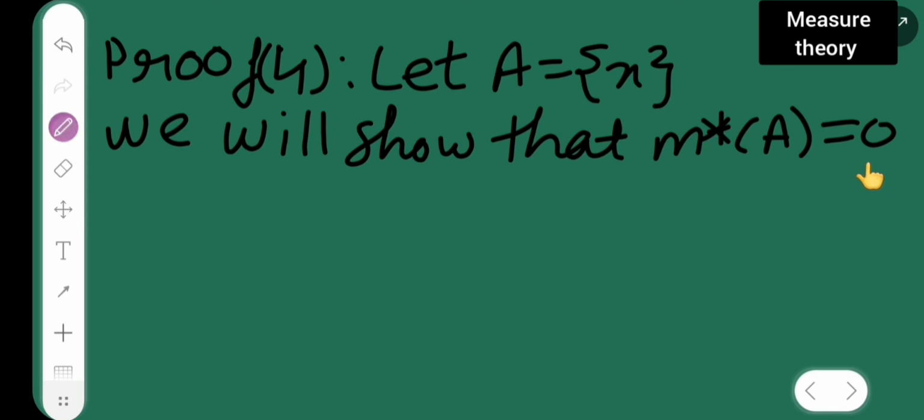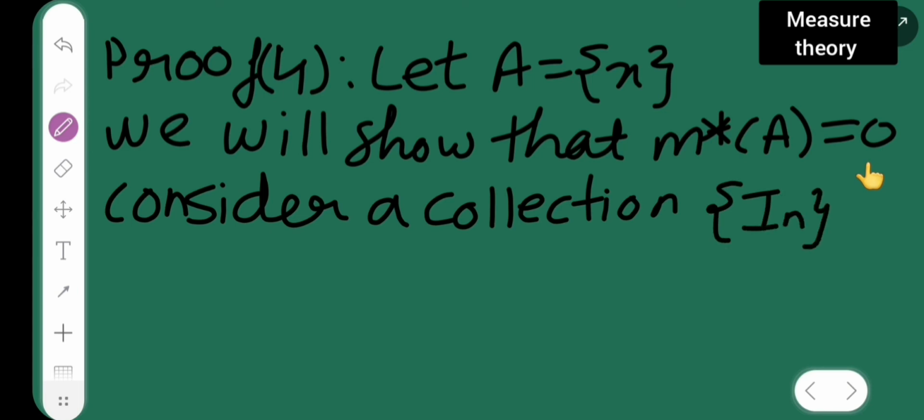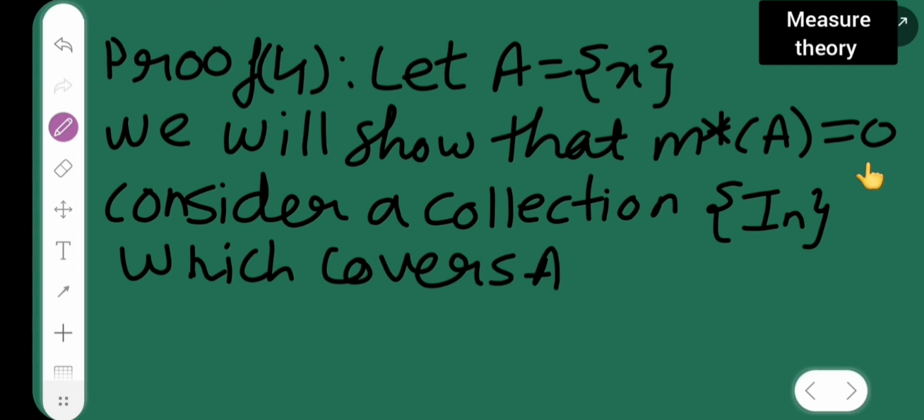Now what we have to do is consider a collection In which covers A. Let me write it on the next page.